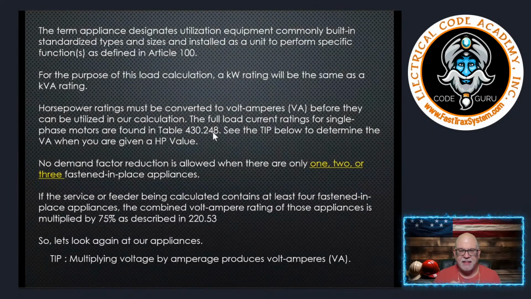One of the things about these appliances is that it's utilization equipment that is fastened in place, okay? We're not talking about stuff that is not fastened in place. Dishwashers, whether they're cord-and-plug or hardwired, typically have mounting screws underneath the front for anti-tip. It is fixed in place. A garbage in-sink waste disposer, whether it's cord and plug or hardwired, gets connected to the plumbing system.